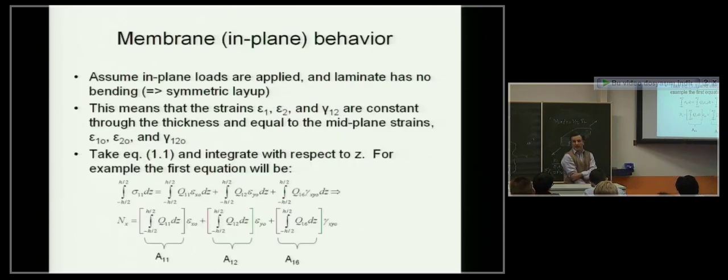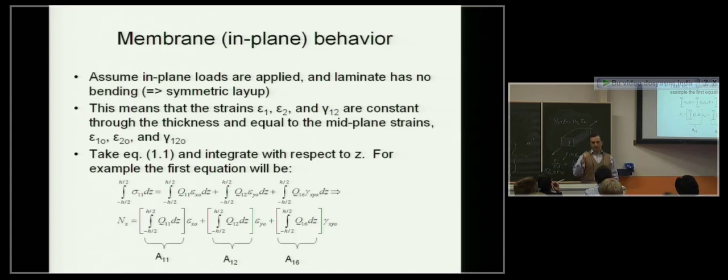So, in-plane behavior. In composites, we will separate the in-plane from the out-of-plane, and then we'll talk about coupling where the two are combined. In the case where we only have in-plane loads, and we also assume that there is no bending, this means that the layup is symmetric. We will define that later on. Don't worry about what that means.